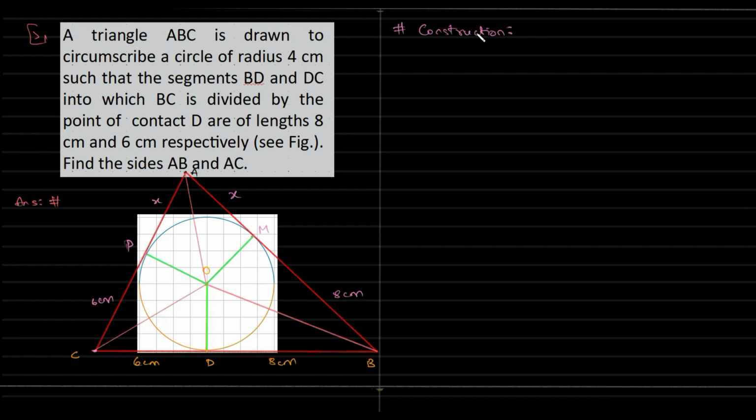Again, I just want to be careful. If your teachers are okay, you need not write this. Join OD, OB, OM, OA. OD was actually already joined. OP, OC, right?